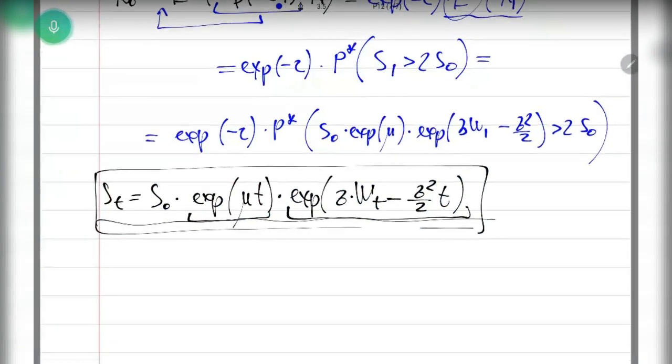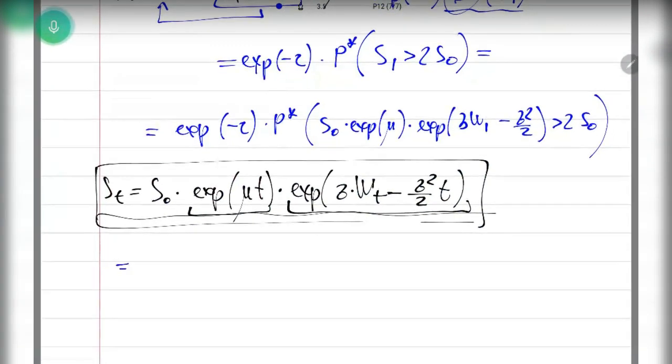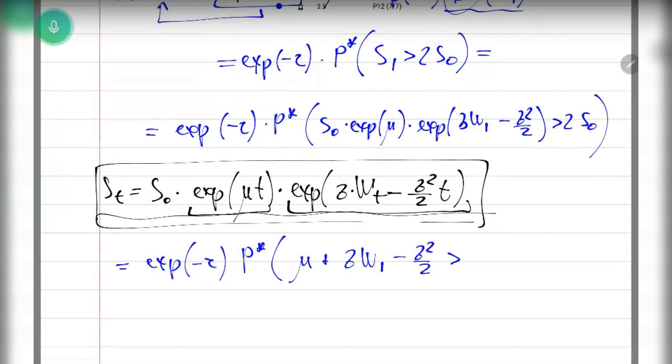Okay, S_0 will cancel out. I will get exponent of minus r times the probability star. I will take logarithm from both sides. So it will be mu plus sigma W_1 minus sigma squared over 2 is bigger than logarithm of 2.